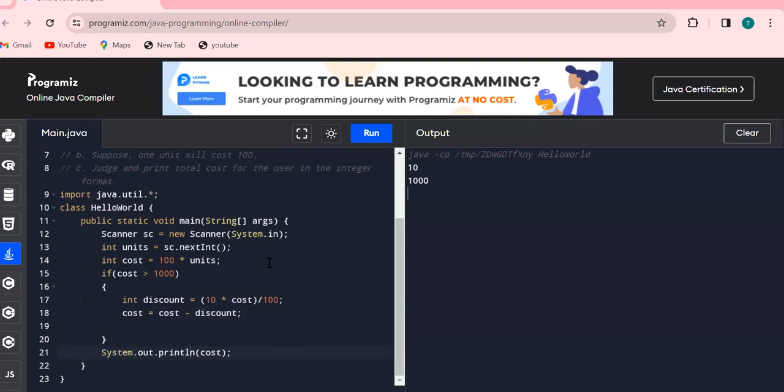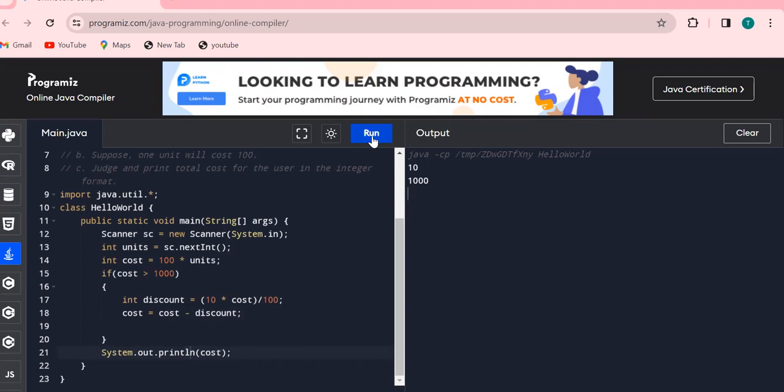I hope you understand. So once again, I will repeat. We have given 10 units, so the cost is 10 into 100, each unit multiplied with 100. So we got 1000. Only if the cost is greater than 1000 do we have to give a discount, otherwise we should not give a discount.